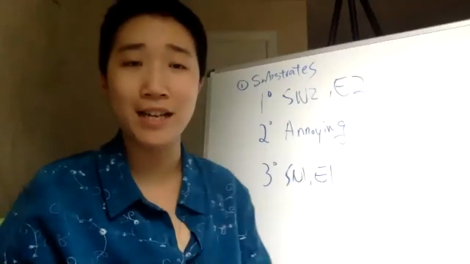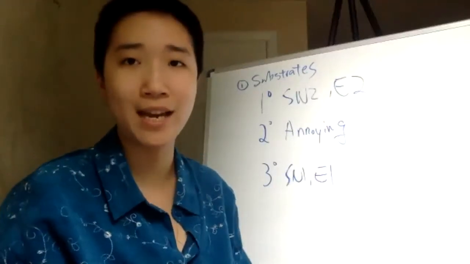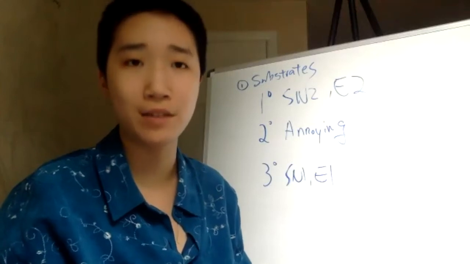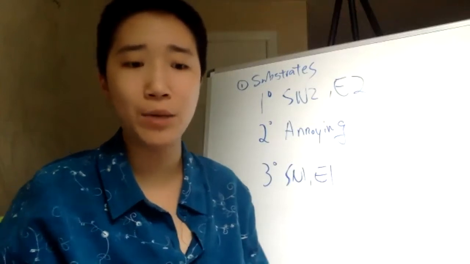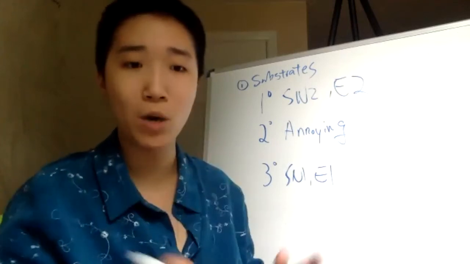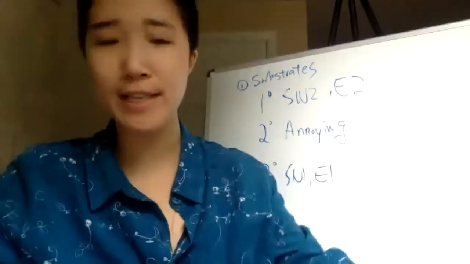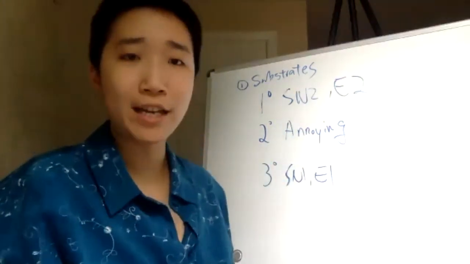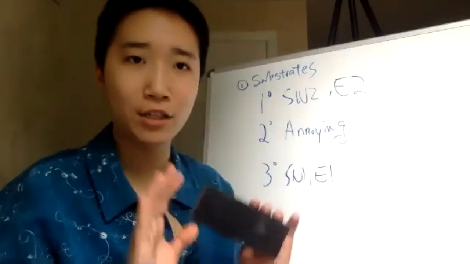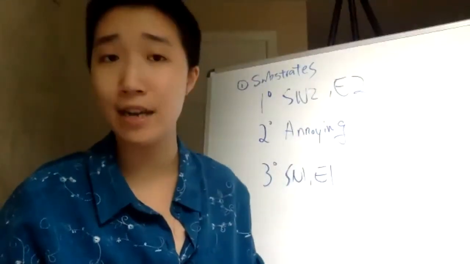You're absolutely correct. So secondary carbons are the annoying ones because we cannot rule anything out just based on the substrate. So that's okay because we have 2 other things to look at in terms of determining what kind of reaction would happen. So the first thing was substrates. Any questions so far regarding how to distinguish between the types of substrates? If not, we're going to move on to the next thing, which is solvent.